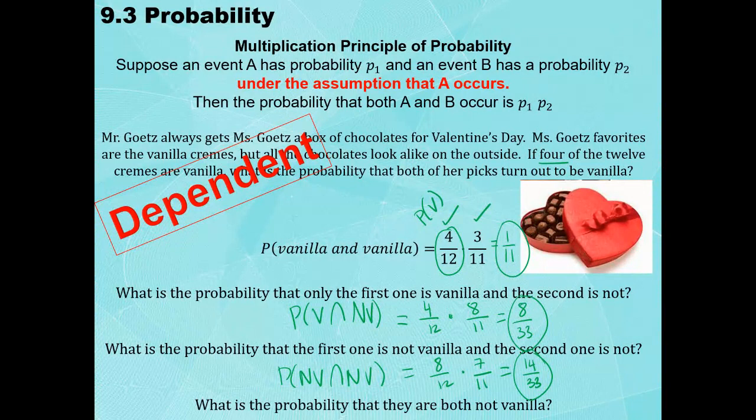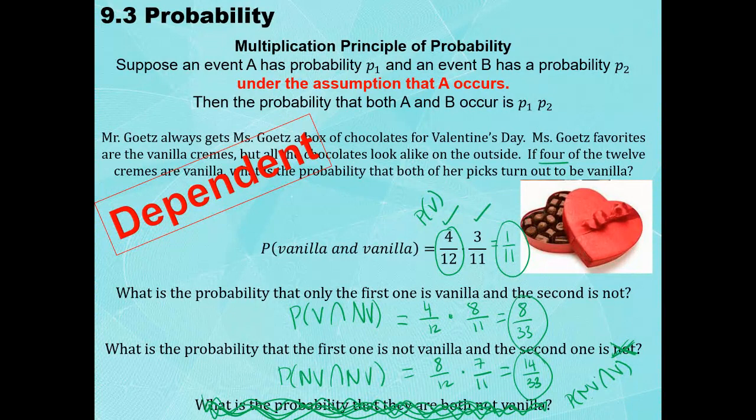What is the probability that they are both, wait. Oh, maybe that wasn't what I was supposed to say. Sorry, guys. Let's say, what's the probability that the first one is not vanilla, and then the second one is vanilla.